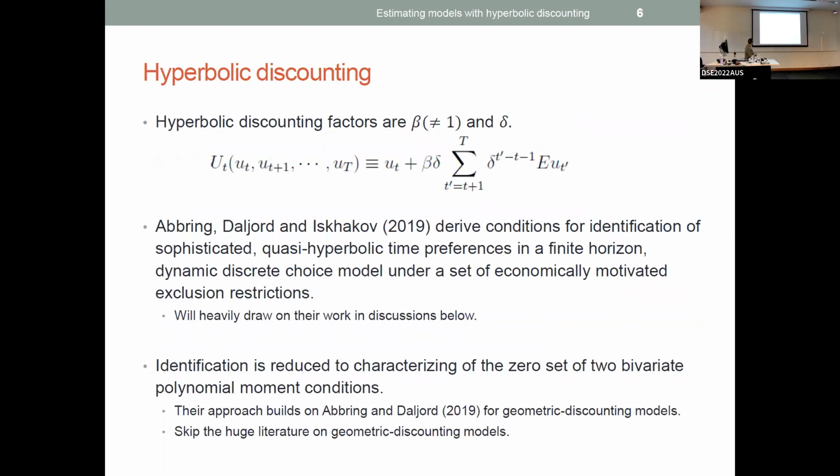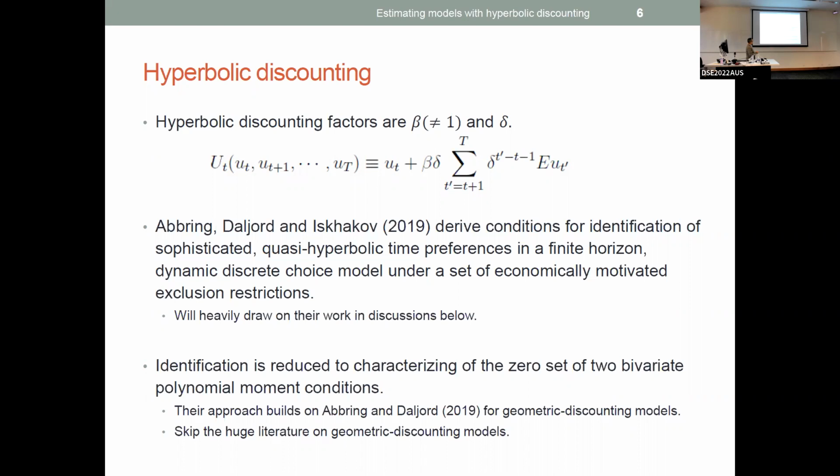Some technical details. Hyperbolic discounting factors envelope geometric discounting. So there are two discount factors. The first one is the present bias factor, beta. The second one is just the normal discount factor, delta. Under time-separable preferences, we have U_t, the utility flow, and a discounted sum of expected utilities in the future.